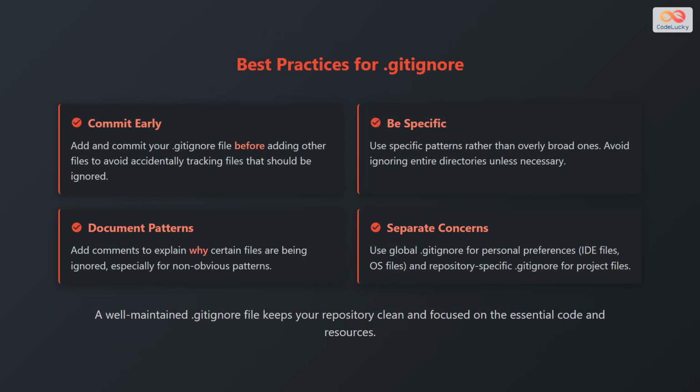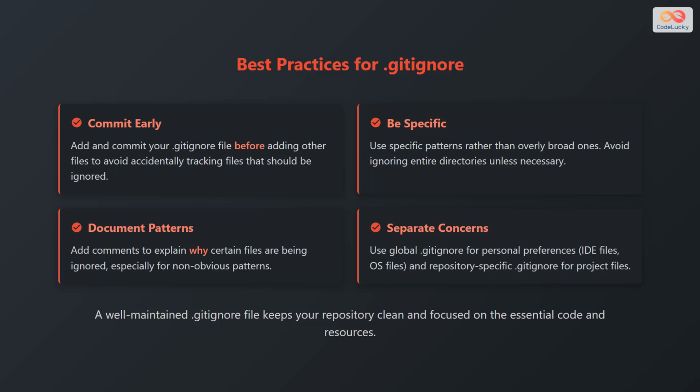Here are some best practices for using .gitignore files. Commit your .gitignore file early, before adding other files, to avoid accidentally tracking files that should be ignored. Be specific with your patterns rather than overly broad ones. Avoid ignoring entire directories unless necessary.